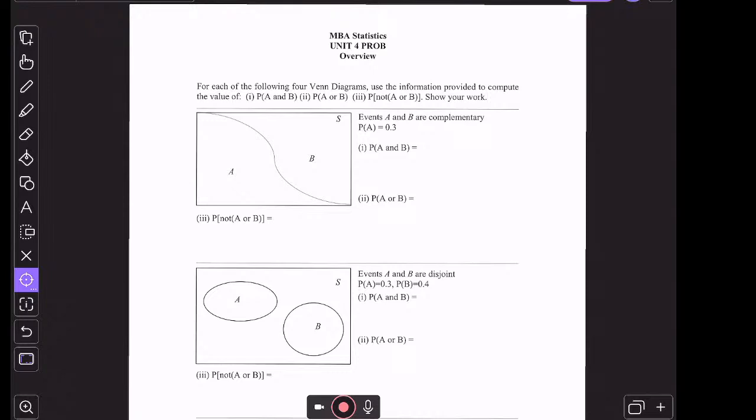All right, no comments. All right, so here we have two events in this set of all possible outcomes. Okay, so S stands for the sample space.